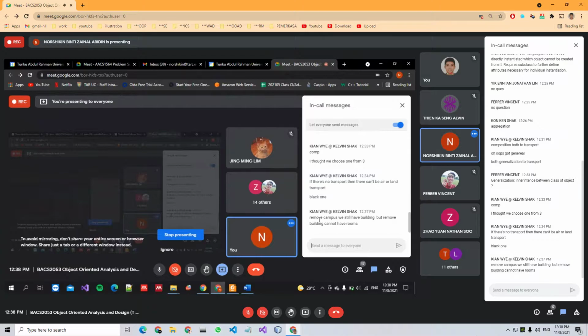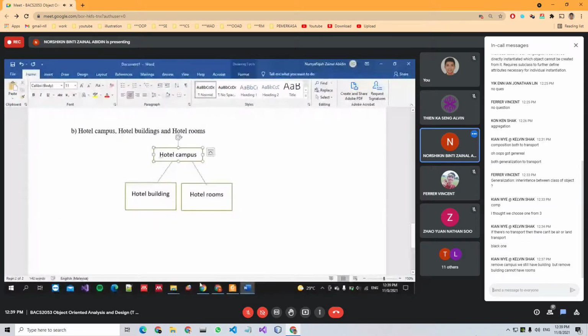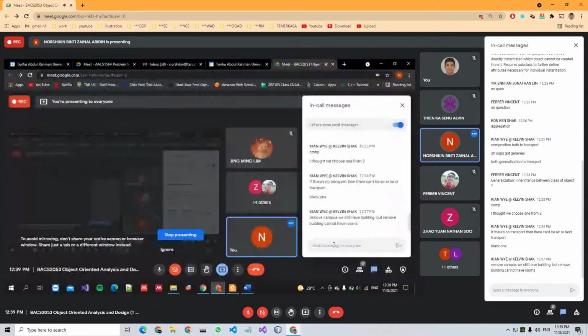Jing Ming Lim, what is the relationship? Hotel campus. Remove campus, we still have building, but remove building cannot have room.